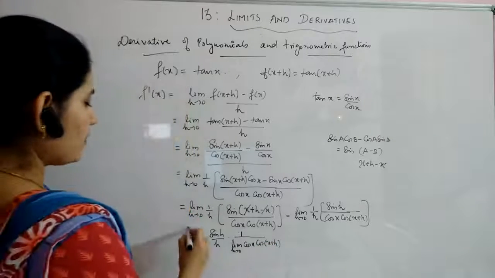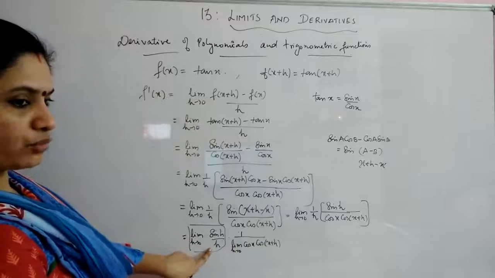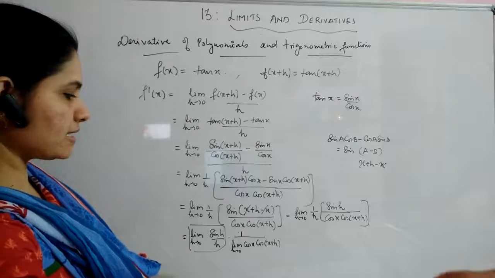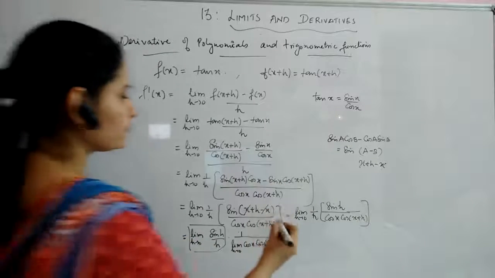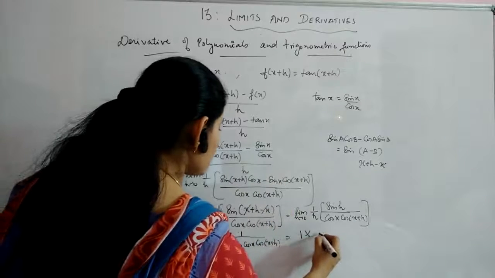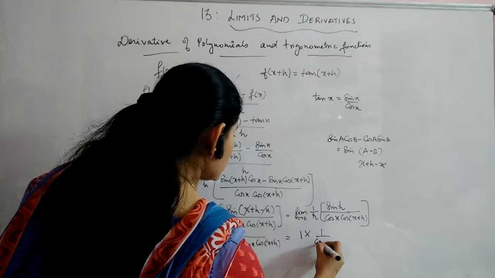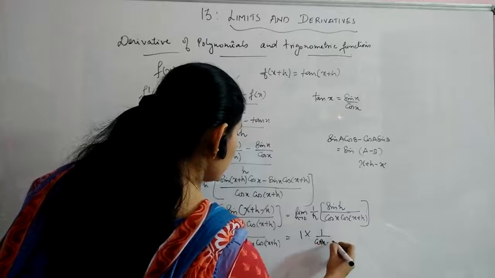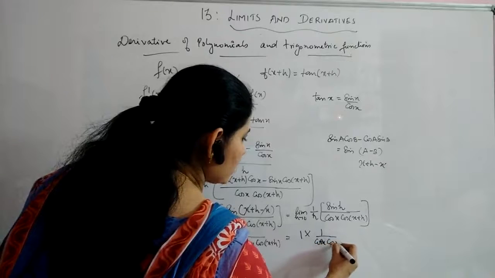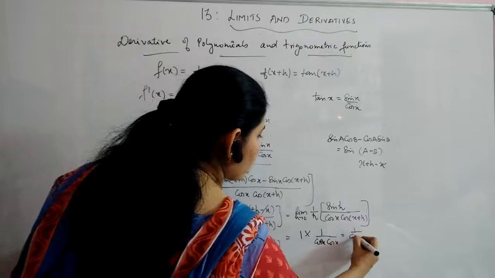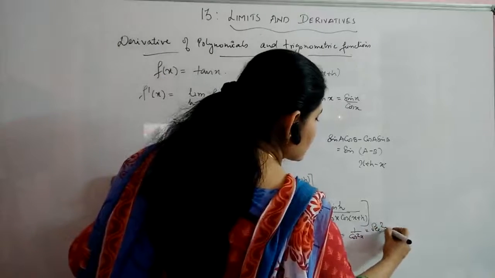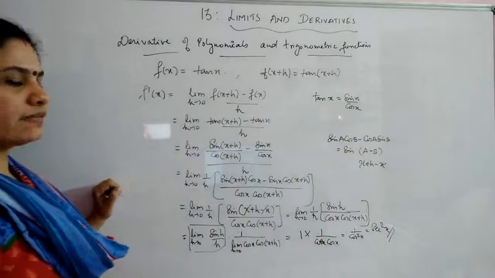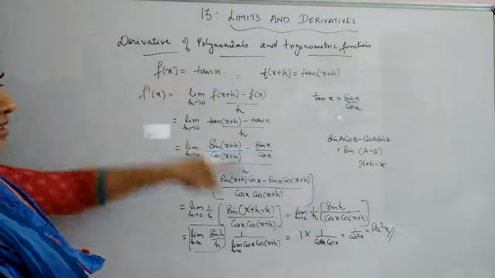Now here we can apply the property, so that this will give you 1, and in this one if you replace h with 0, what you will get is 1 into 1 by cos x into cos of x plus 0, which is again cos x. So it is 1 by cos square x, which is sec square x. So the derivative of tan x is sec square x.